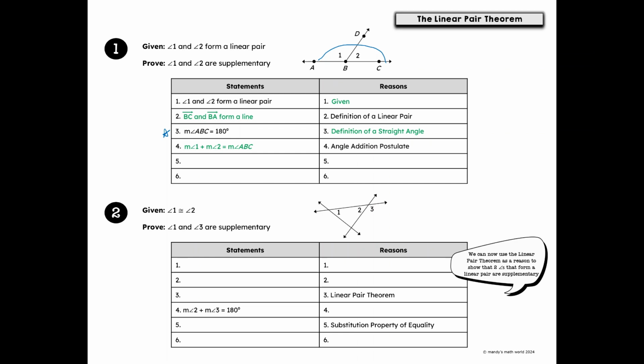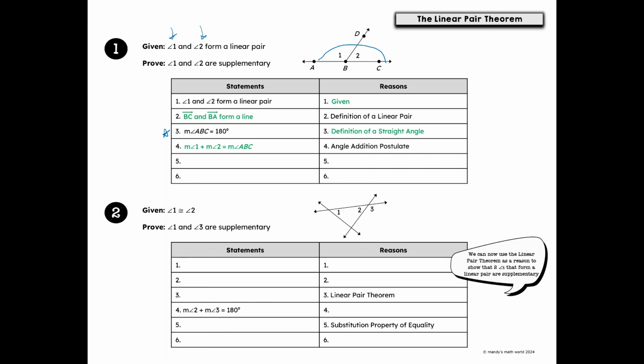Again, I can name an angle, like I could say the measure of angle ABD plus the measure of angle DBC. I could do that, but since I have numbers already in my problem and in my given and proof, let's go ahead and use those.